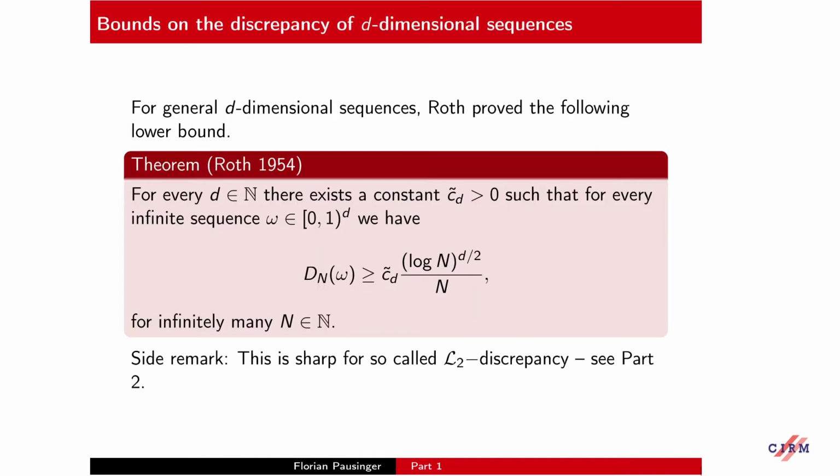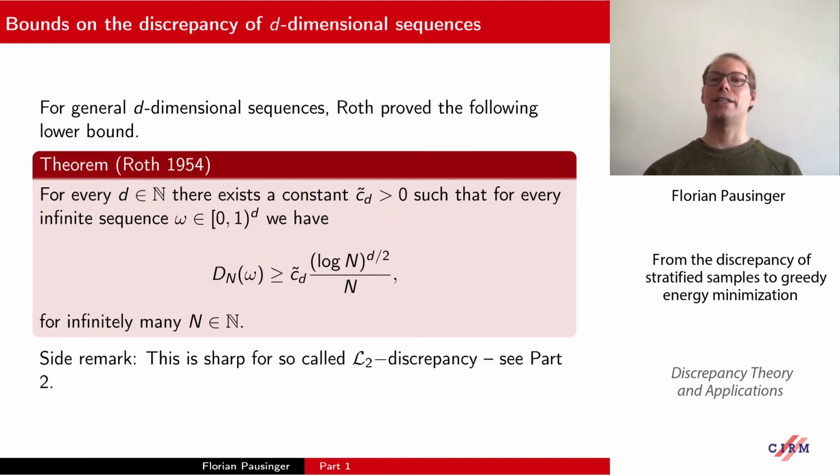And this result was originally shown for the d-dimensional case, so Schmidt just gave an improvement for the one-dimensional case, but originally the result goes back to Roth, who showed that the discrepancy of a d-dimensional sequence can always be lower bounded by (log n)^(d/2) divided by n.